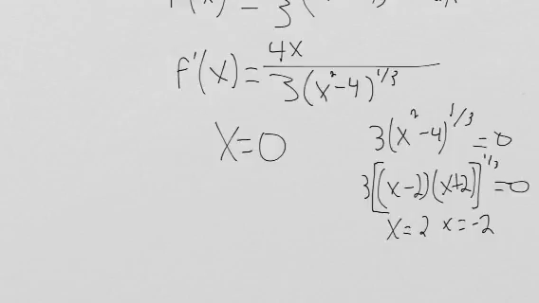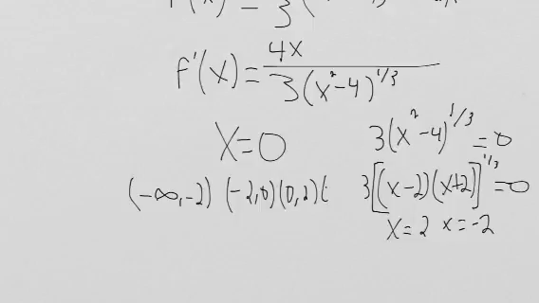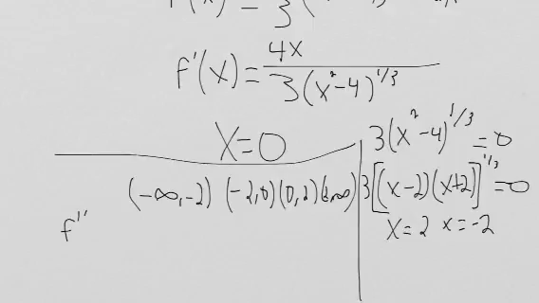So we have our interval from negative infinity until negative 2, negative 2 until 0, 0 until 2, and then 2 until infinity. Okay, let's box this off. Then we have f prime, and then we have f.